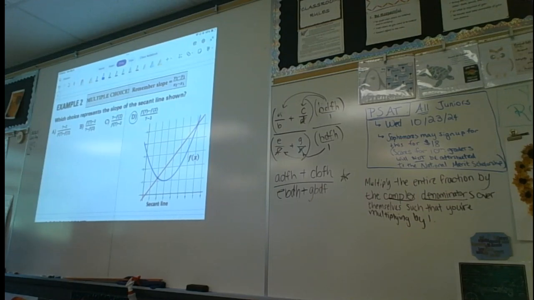So remember, the slope of a secant line can be written as f of x sub 2 minus f of x sub 1 all over x2 minus x1. So your first point here, the x value is 2, right? And the second value is 7. So we know our denominator is going to be 7 minus 2, right? Just the x's.